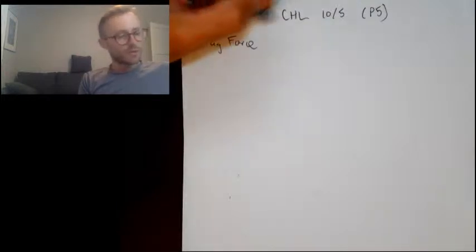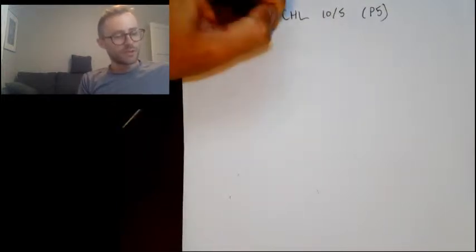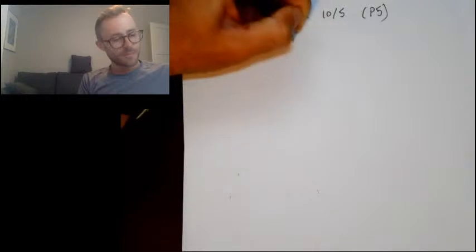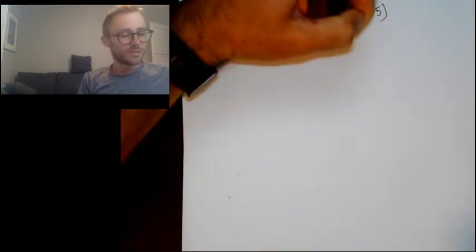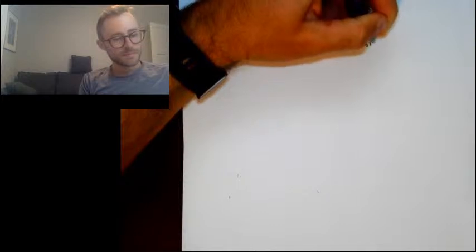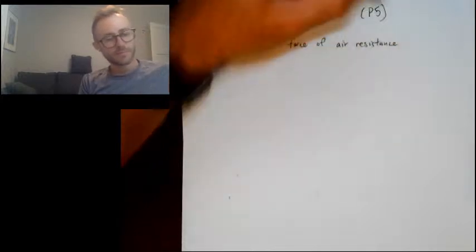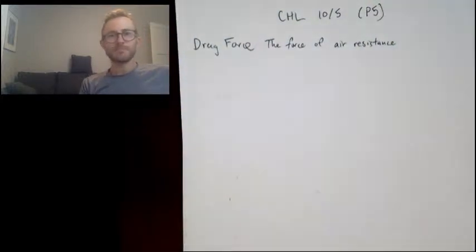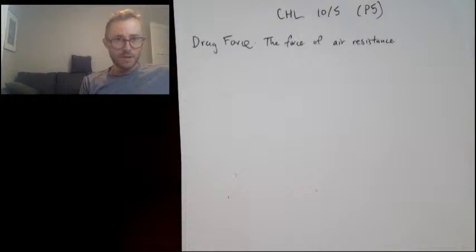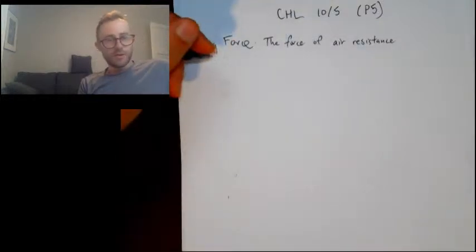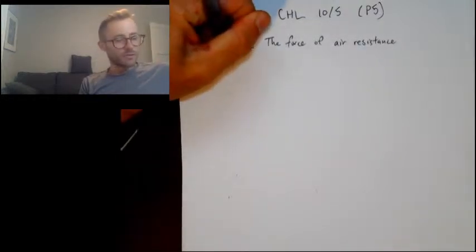Okay, so drag force. Drag force is the force of air resistance. And so there are a number of different models for the drag force. There's a model for the drag force called Stokes Drag.